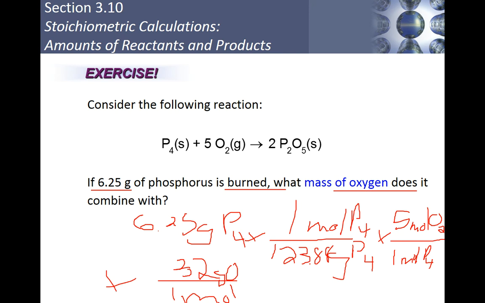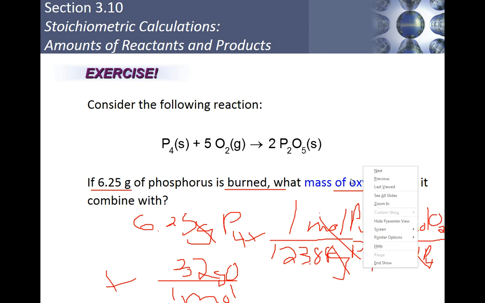I hope you see what the process is. Essentially, you start with your number and you're dividing by it, so you're removing it. So you're out of grams now, and at this point you're in moles. So from moles, now you need to get to moles of oxygen, and so forth.